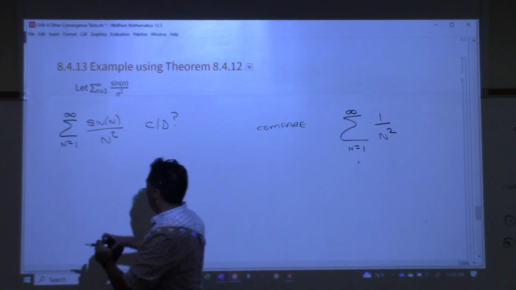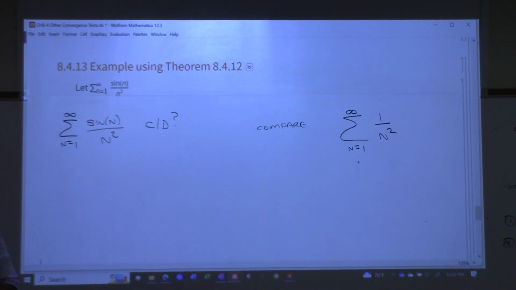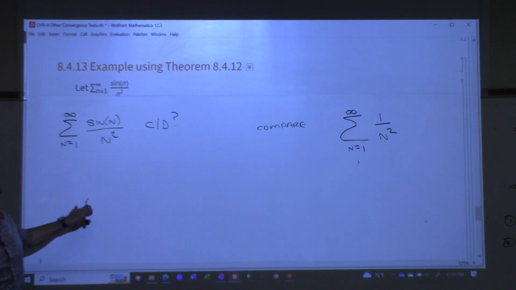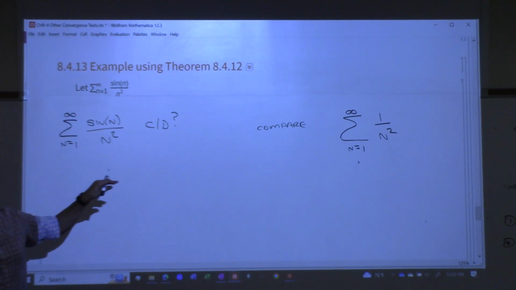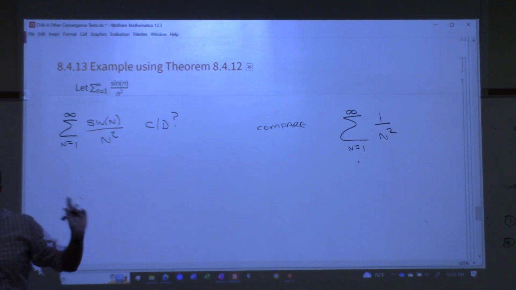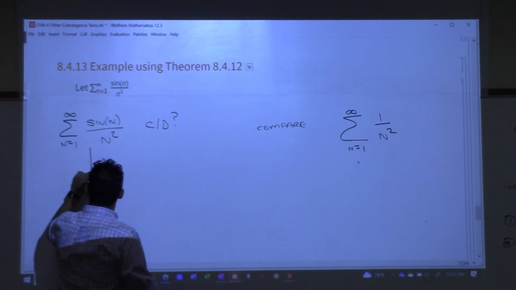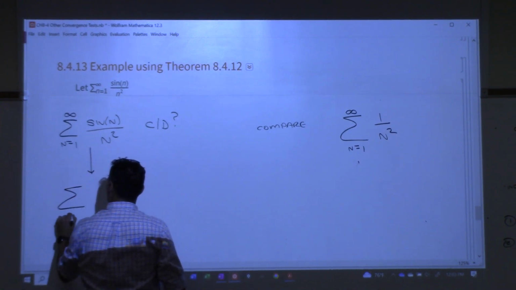Why can't I compare that to that? Because I got some negatives in here, don't I? Oh, yeah. So I can't. So instead of comparing that to that, I'm going to compare the absolute value of this to that. Because the absolute value of that compared to that, then these are positive, aren't they? So instead of this, I'm going to do this.